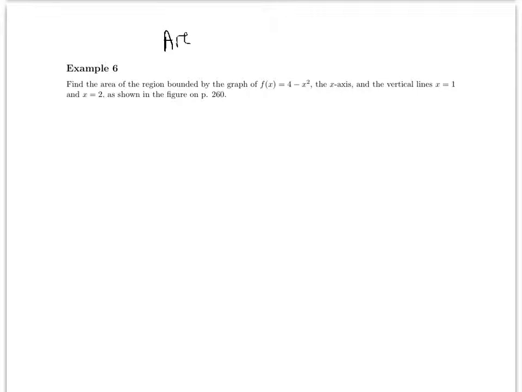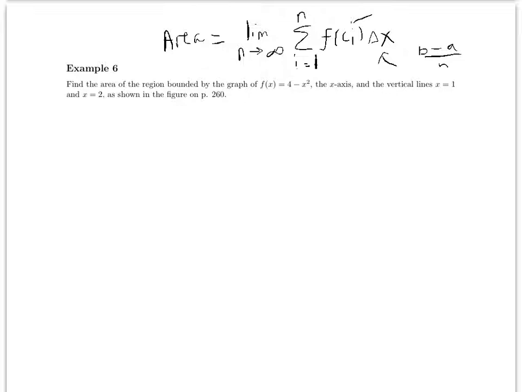Area is equal to the limit as n approaches infinity of the sum of i equals 1 to n of f of ci times delta x, where again delta x is b minus a over n, the endpoints b and a, divided by n, the number of rectangles. ci can be any point in an interval, and then the function of ci gives us the height of the rectangle, okay?